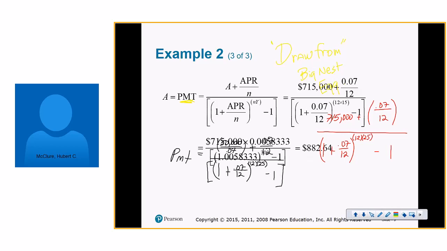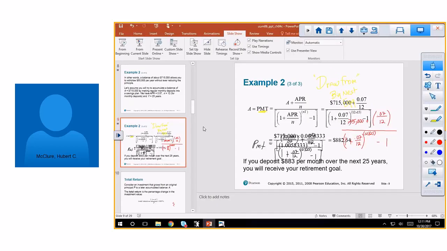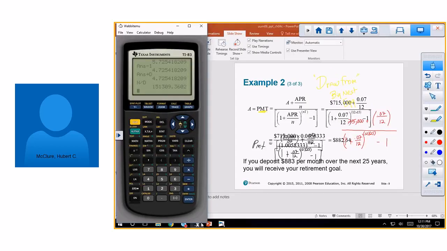All right, let's check and see what they're getting. You see that 1.005? Let's see what I get. Because something's not right. 0.07 divided by 12 equals plus 1. 1.005.